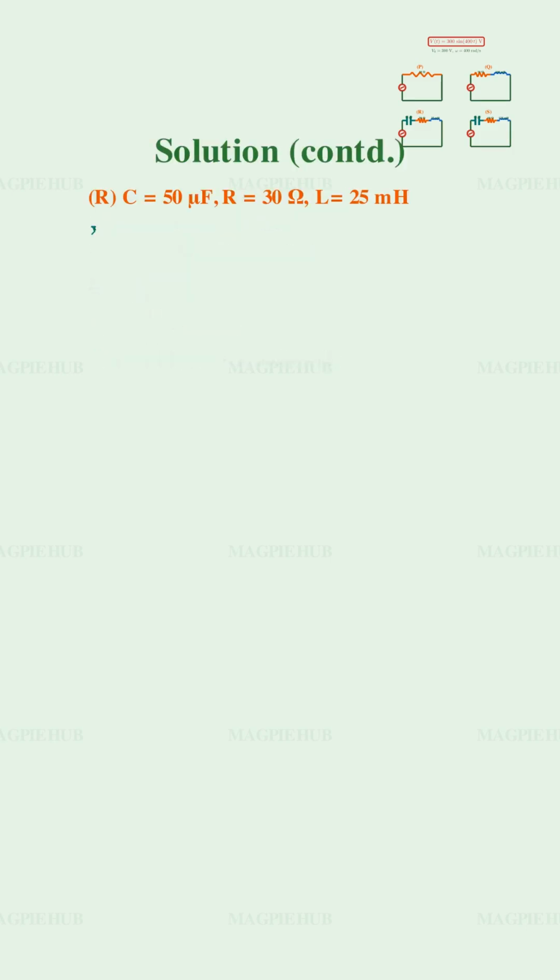For configuration R, C equals 50 microfarad, R equals 30 ohms, and L equals 25 millihenry. Capacitive reactance XC equals 1 over omega C, that is 1 over 400 times 50 times 10 to the minus 6, which gives 50 ohms. Inductive reactance XL equals 400 times 0.025 equals 10 ohms. Net reactance X equals XL minus XC equals 10 minus 50 equals minus 40 ohms.